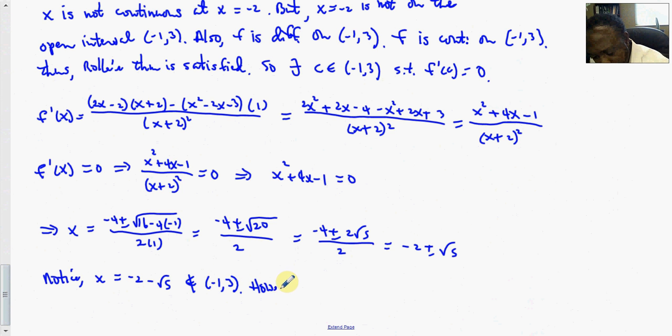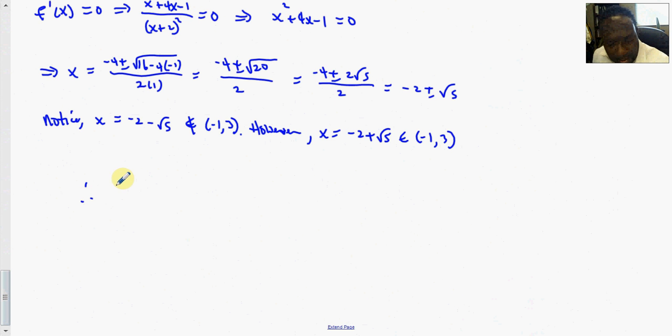However, X equal to negative 2 plus the square root of 5 is an element on the interval from negative 1 to 3. So the number C that you want is negative 2 plus the square root of 5.